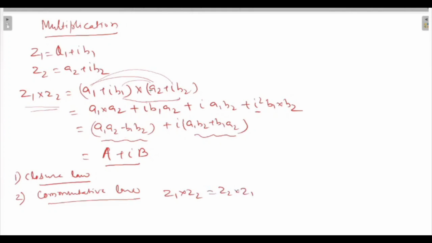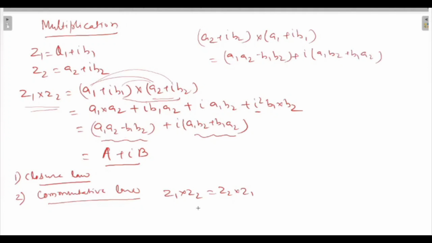You can see that, right? If we have a2 plus i b2 into a1 plus i b1, I will end up with the same result, which will be a1 a2 minus b1 b2 plus i times a1 b2 plus b1 a2.